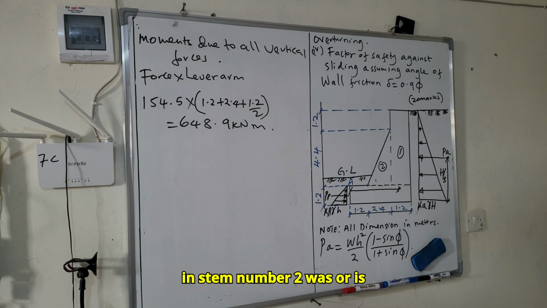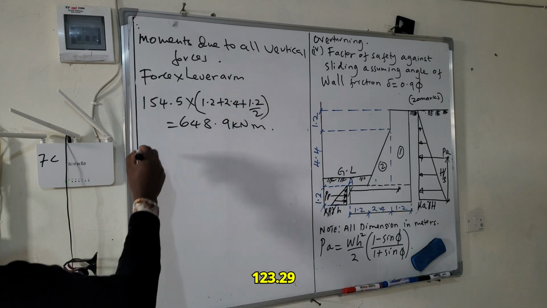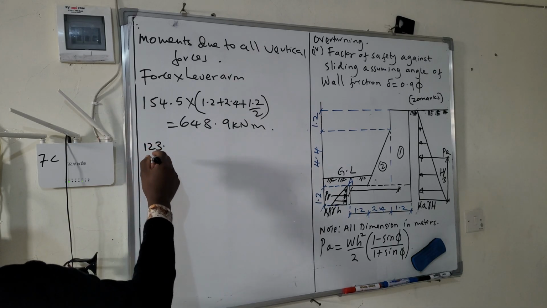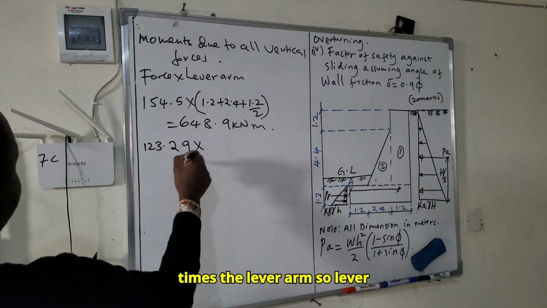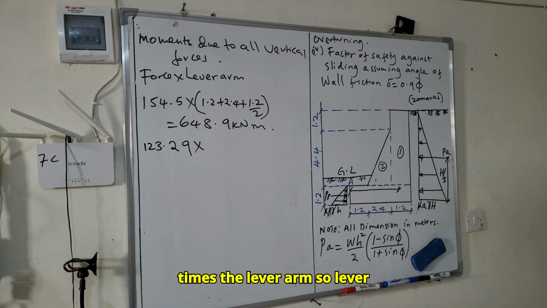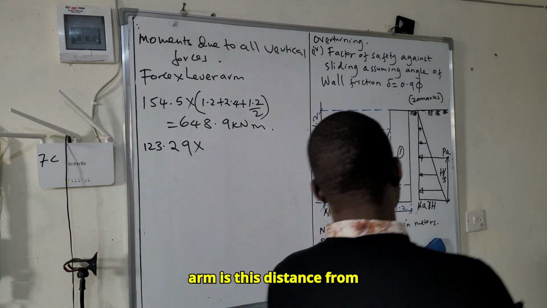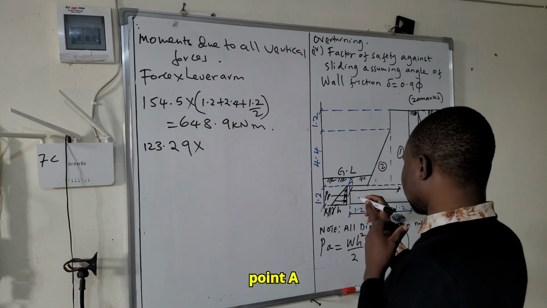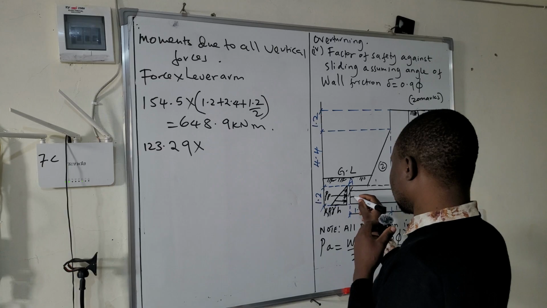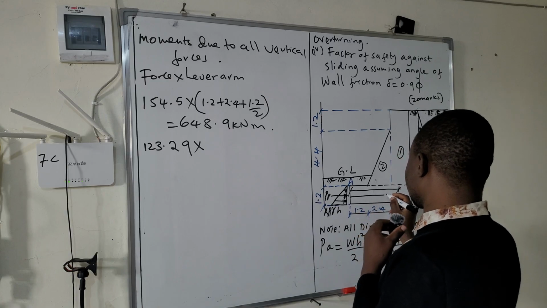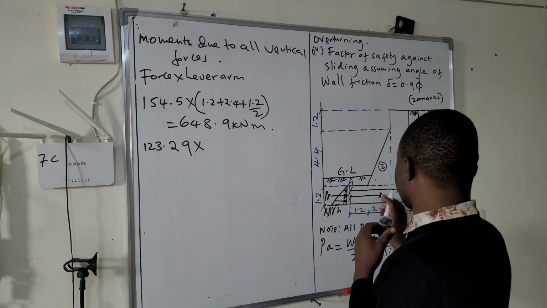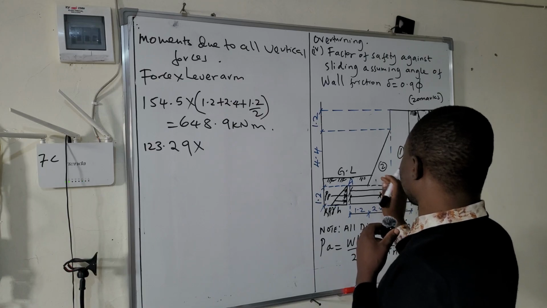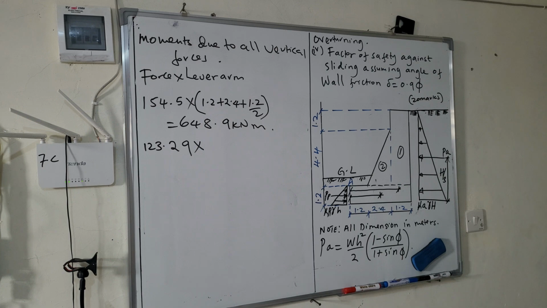Our force in stem number 2 is 123.29 times the lever arm. So the lever arm is this distance from point A to the center of this triangle.